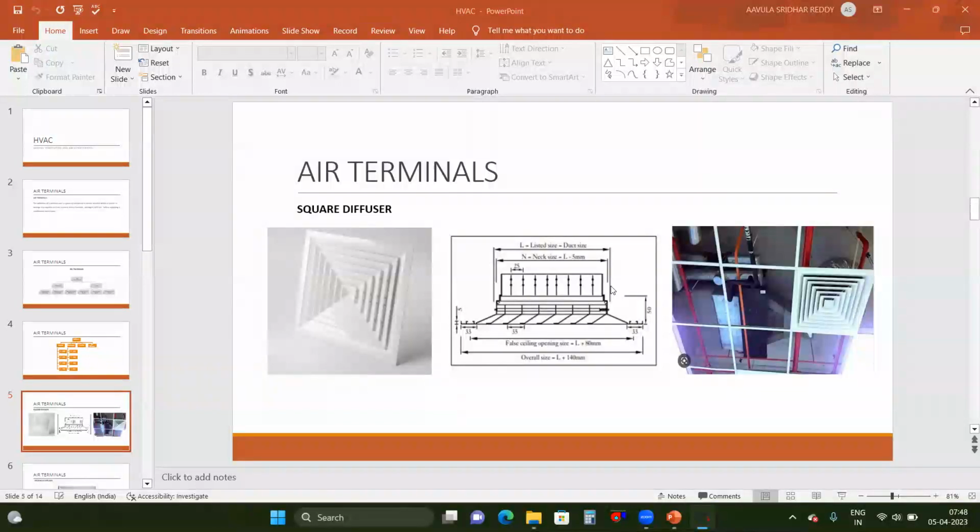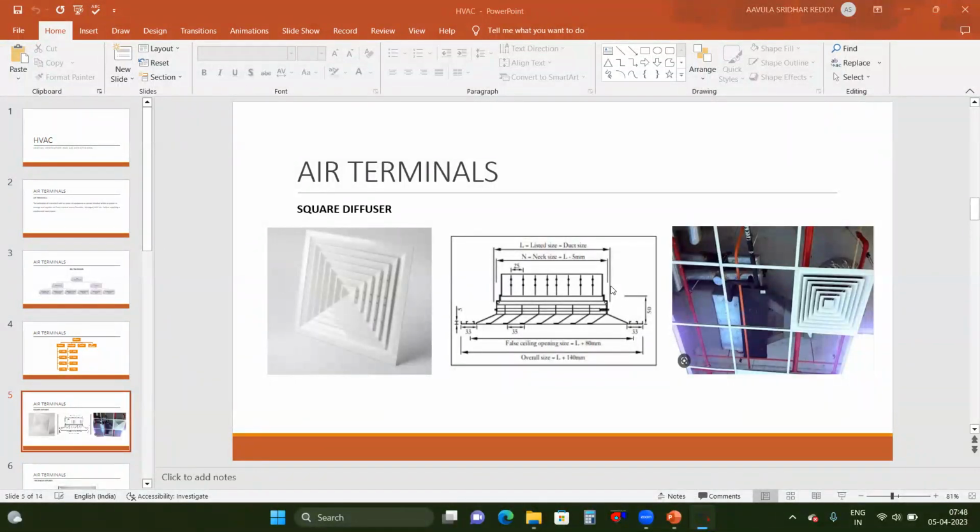So whenever we are calculating any kind of diffuser, we will calculate the neck size only. Okay. So for example, I have calculated the size for the air terminal, the square diffuser. So I got a size of around 250 by 250. So the 250 by 250 size is the neck size.